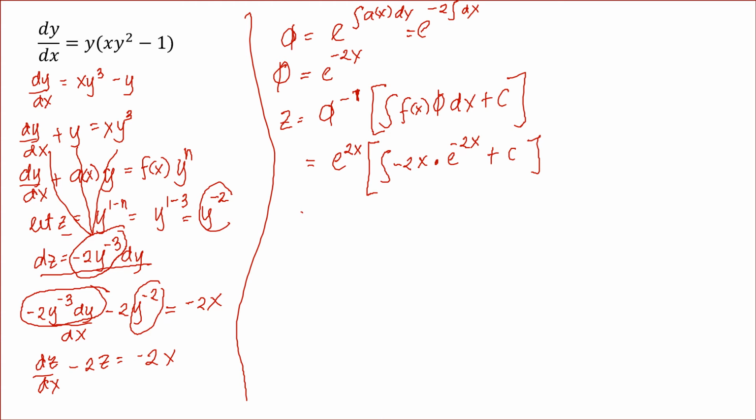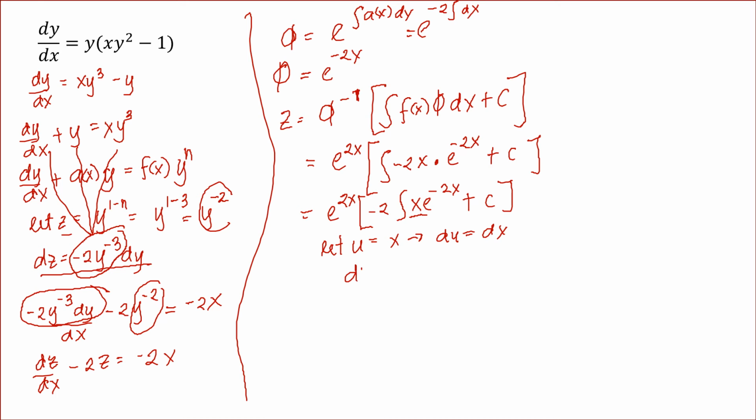So this becomes e^(2x). We take out the -2: the integral of x e^(-2x) dx plus c. The equation can be solved by integration by parts. So let u = x, du = dx.